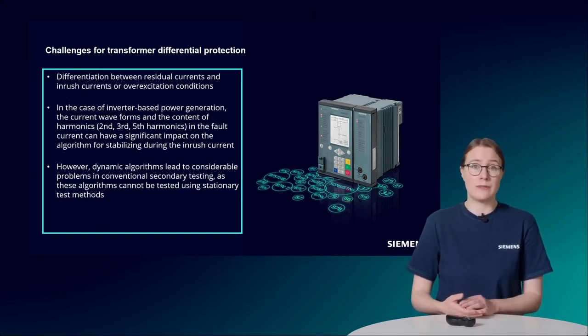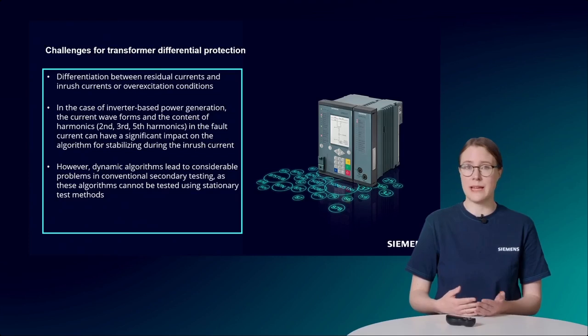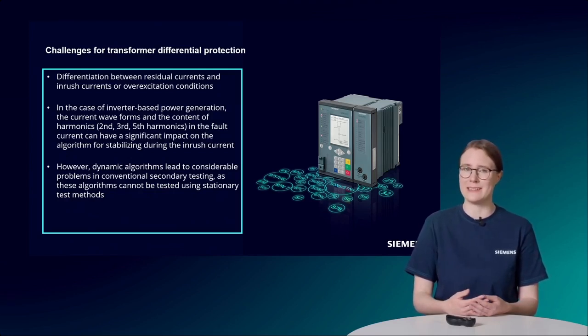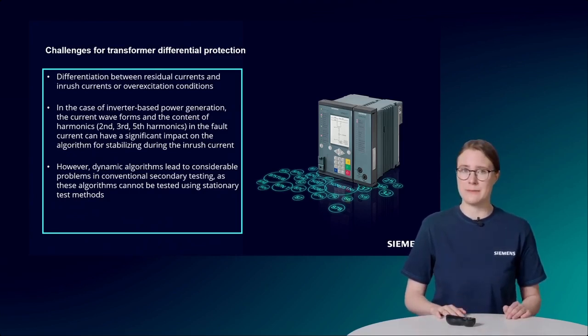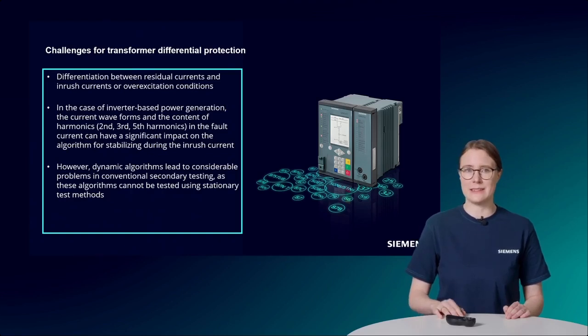However, if you want to find out whether the 7UT is behaving correctly under the given grid conditions, for example, in the event of a transformer inrush, you need a different approach. Omicron Relay SimTest offers one possible solution for this, but Lukas will tell you more about this later. For now, I would like to take a step back and talk about our algorithms, about new features and improvements implemented in the last years.